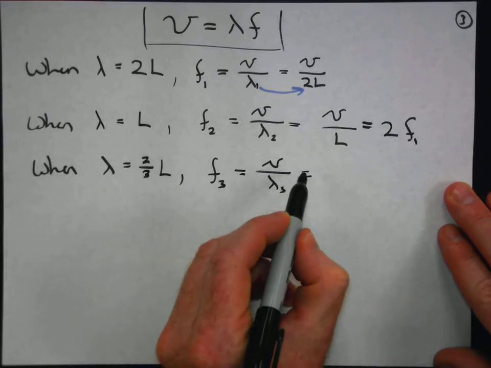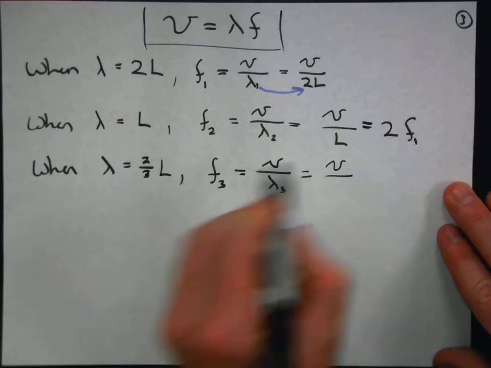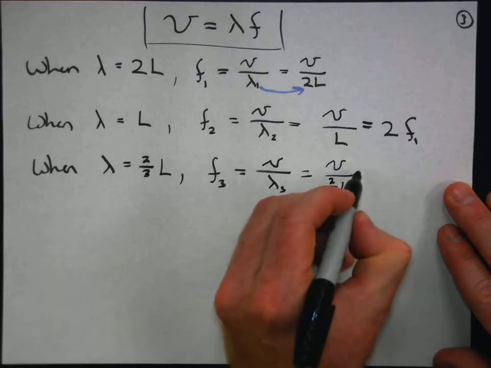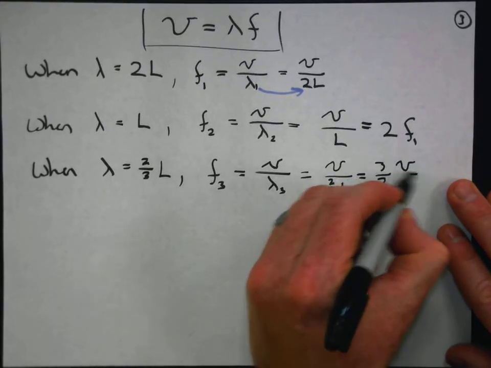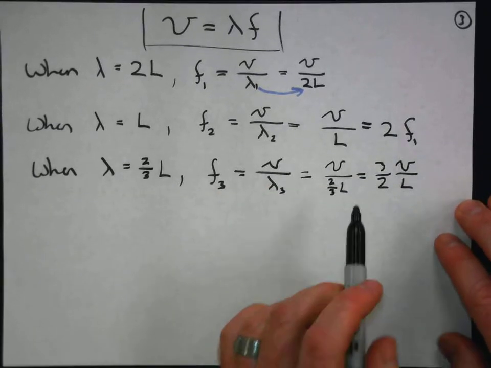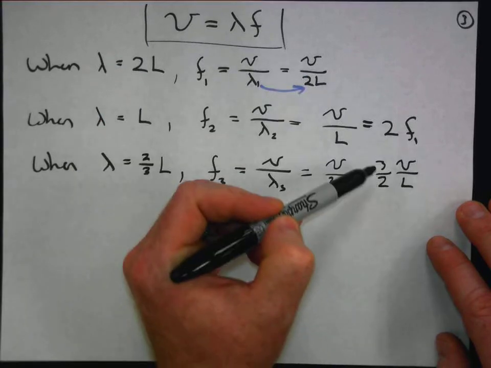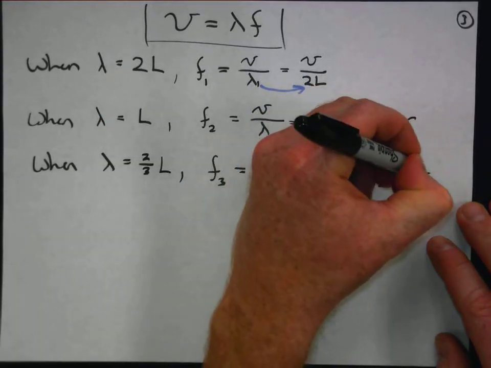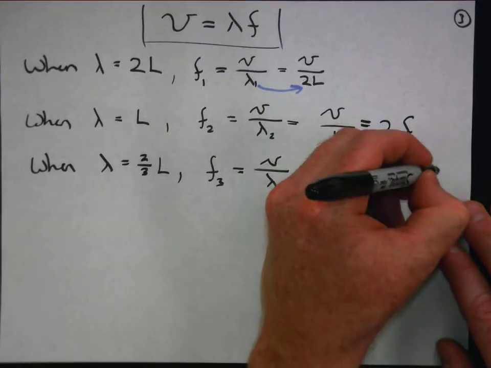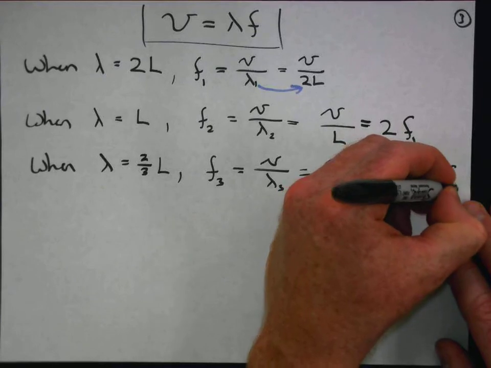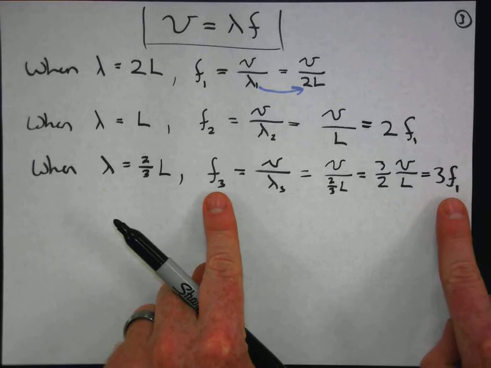And so velocity divided by the 2/3 L. And I can simplify that. It's going to be 3/2 velocity divided by L. And so look at this. Here I have 1/2 V over L. Here's 3/2 V over L. So this is equivalent to 3 times the fundamental frequency. The third harmonic is equal to 3 times the fundamental harmonic.